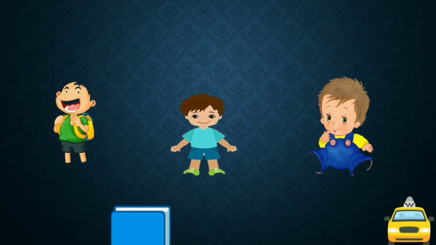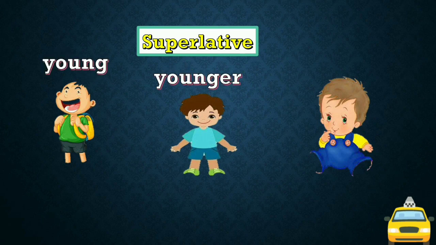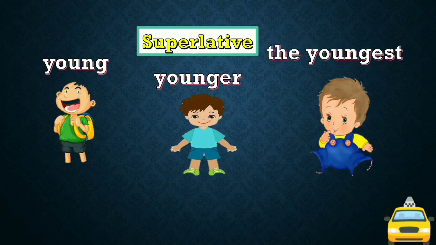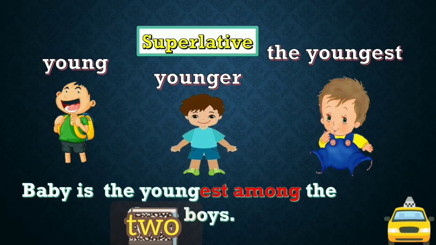Another example of the superlative degree. Look at the picture. How many children? There are 3 children. The young one, the younger one, and the youngest one. Let's compare using the superlative degree. Baby is the youngest among the two boys.